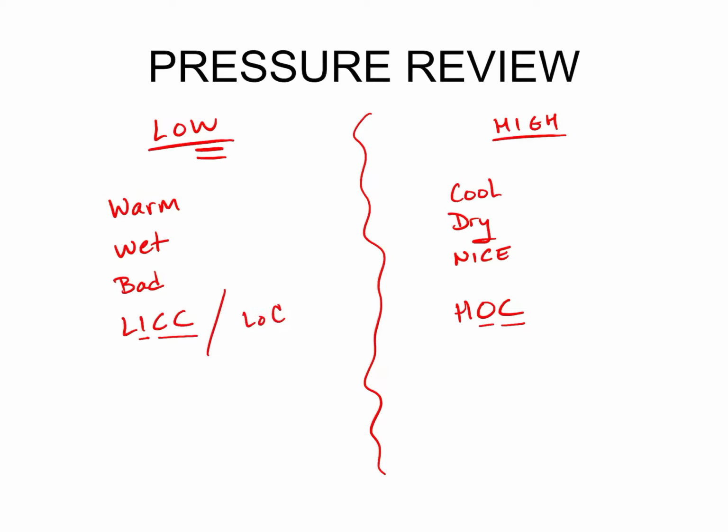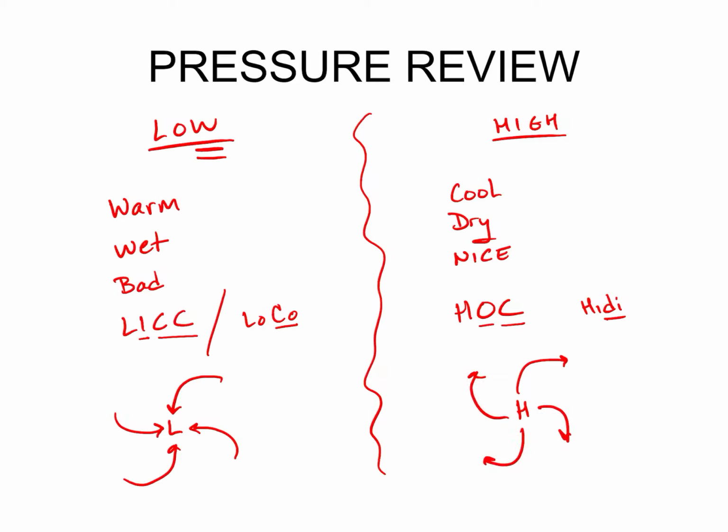Remember I said loco, low pressure is convergent, which is all the arrows coming in, and this is divergent, okay? So if you were to draw this, you would draw it in and counterclockwise, like this, okay? Kind of like a tornado, right? And then if you had high pressure, it's going the opposite, out and clockwise, okay?